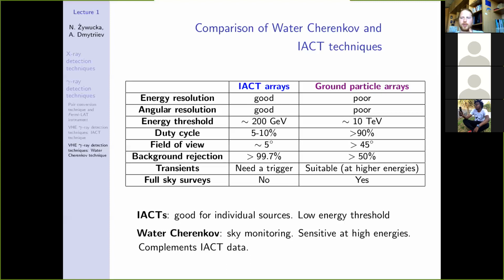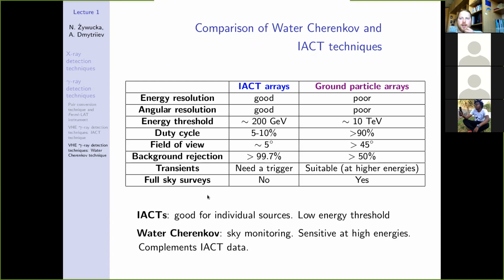Fermi-LAT can also issue alerts, but ground particle arrays are excellent for quickly spotting some interesting behavior, variability at high energies, and letting IACT arrays know so that they can observe it with excellent quality.